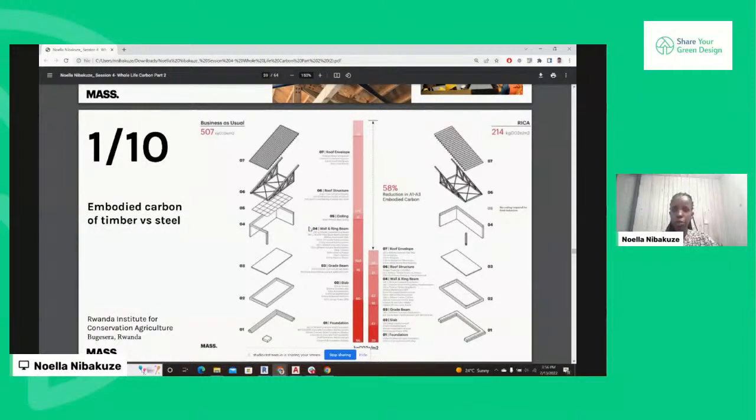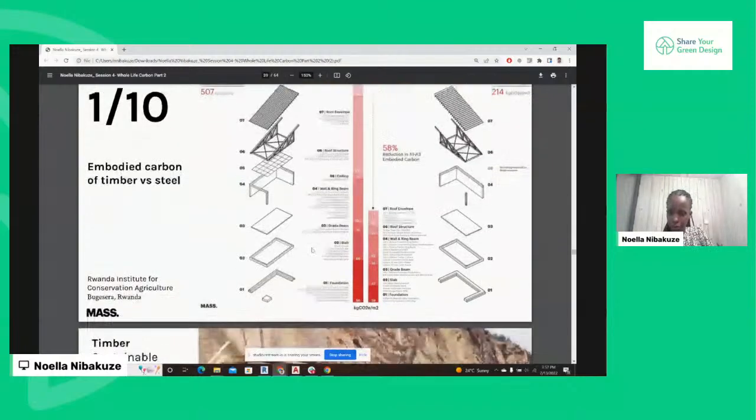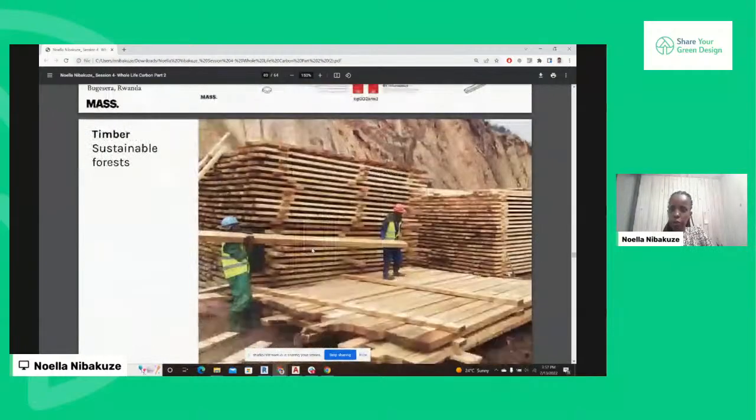The little embodied carbon that was found in the timber was because of all the connections we had to use, not from the timber itself. By using timber, first we really invest in local companies using timber.